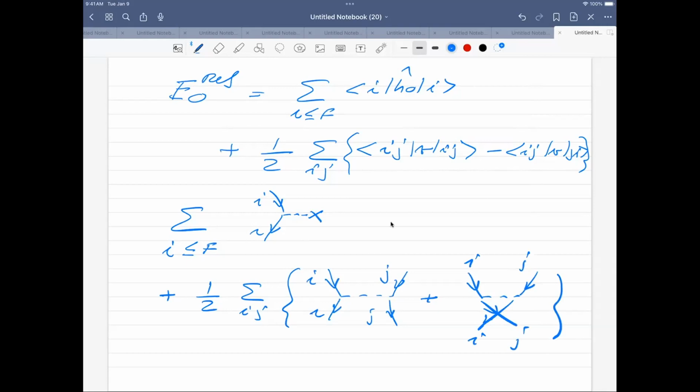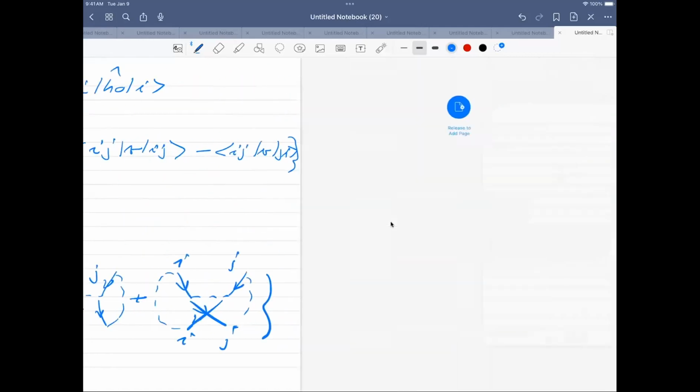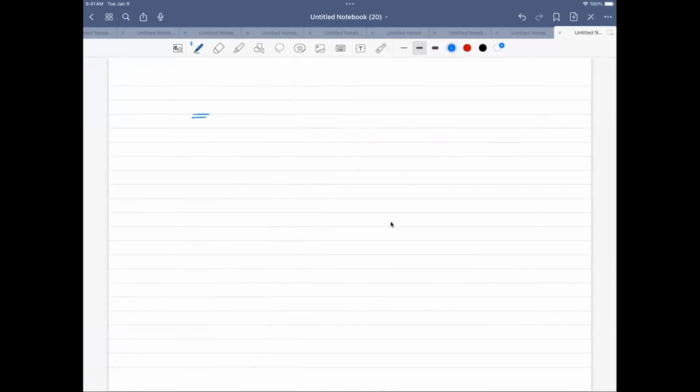So what I'm going to do now is just to bring these two together, and these two together, and these two together, and the same with that one. And then I'm going to skip the summation signs, and introduce the concept of loops. So these diagrams are now going to be equal to the following.